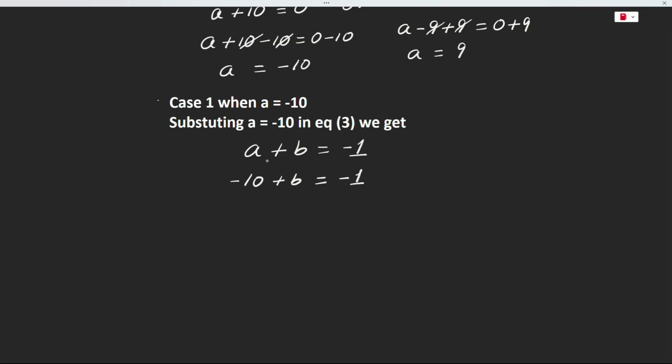Now adding 10 on both sides we can write this as minus 10 plus b plus 10 equals minus 1 plus 10. Here and here 10 will be subtracted by 10. This equals b equals minus 1 plus 10, which is 9. Therefore when a equals minus 10, b equals 9.